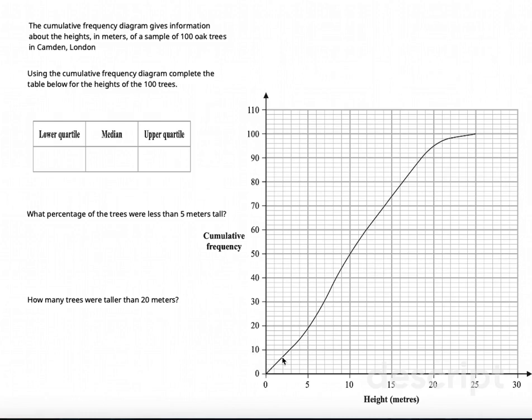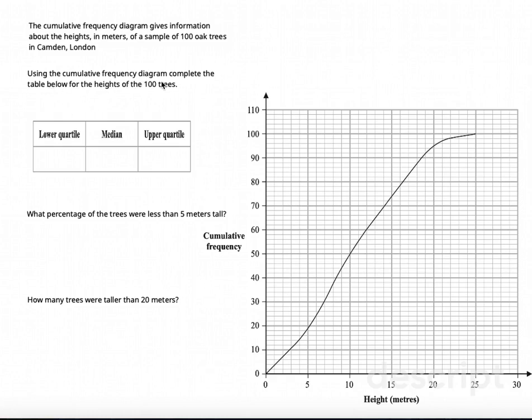And our graph takes this classic elongated S shape. Do notice that the highest point on our graph is 100 on the cumulative frequency, and that's our 100 oak trees. That's going to be important as we calculate our various quantities.